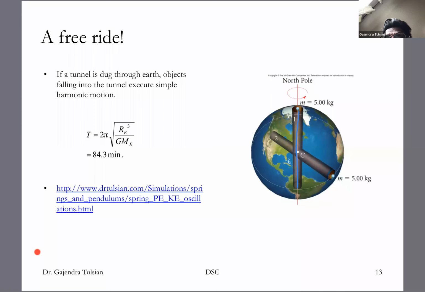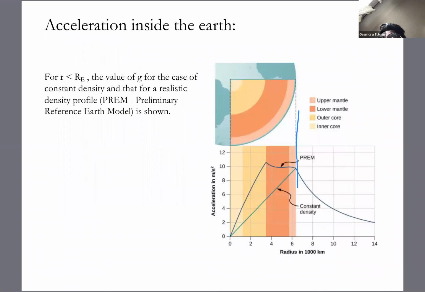Anyway, what this slide shows you is the acceleration due to gravity at the surface of the Earth, which is 9.81 meters per second squared. And if you are above the surface of the Earth, it falls off like so.